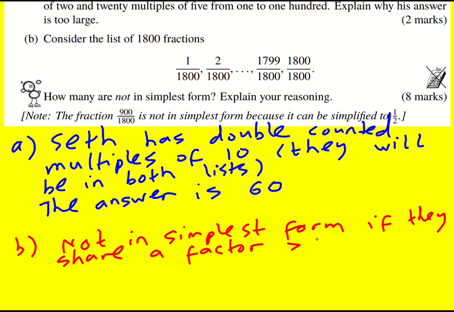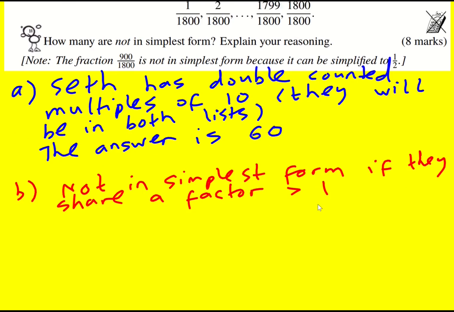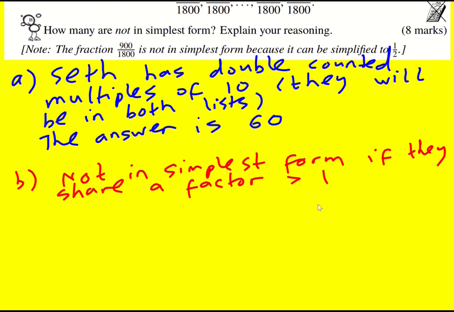A factor greater than 1, in fact, because 1 over 1,800 share a factor, but you can't simplify this because you can't divide by 1 to make it simpler. Well, let's look at the factors, therefore, of 1,800.